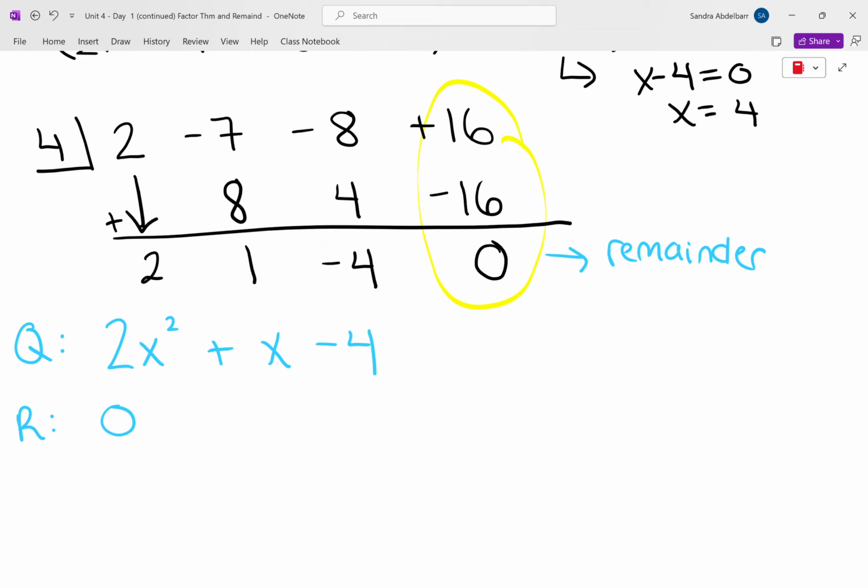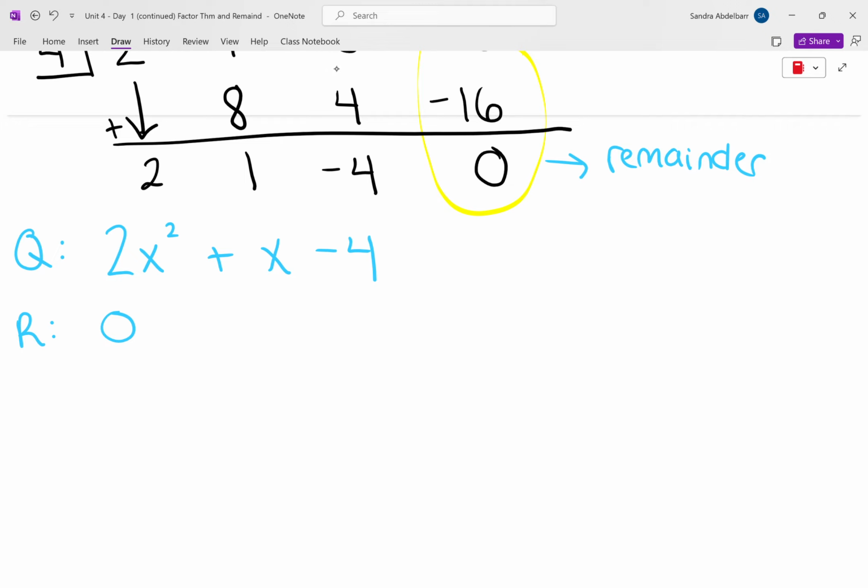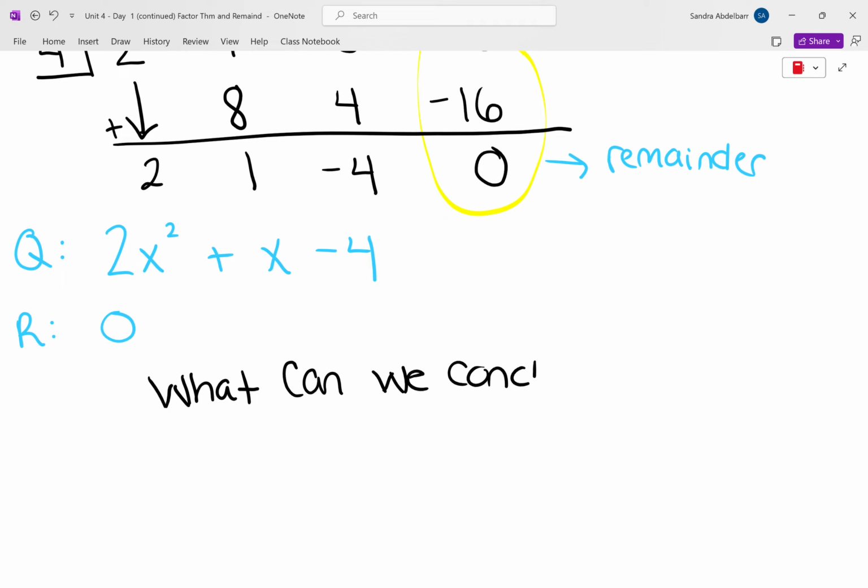We got the same answer both ways, right? So now what can we conclude? That's exactly what I wanted to hear. What can we conclude? We can conclude that x minus 4 is a factor.